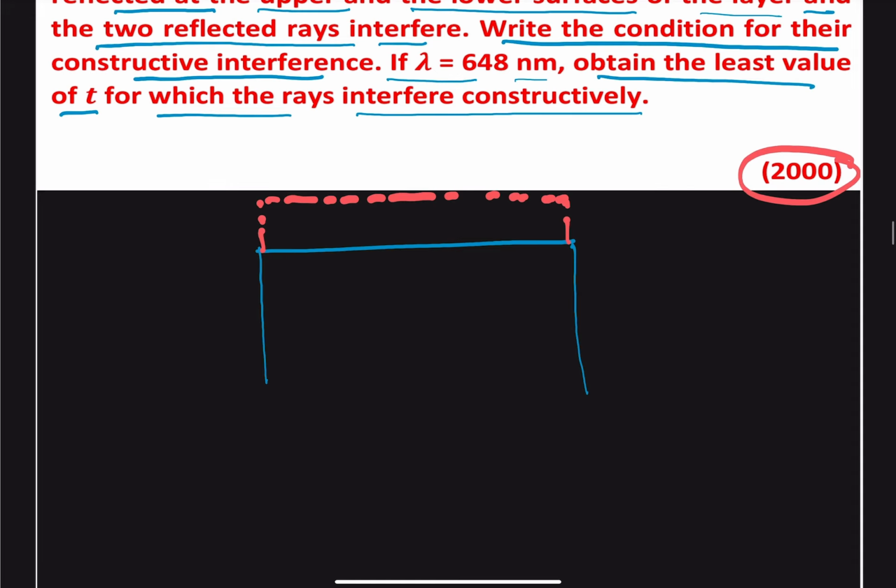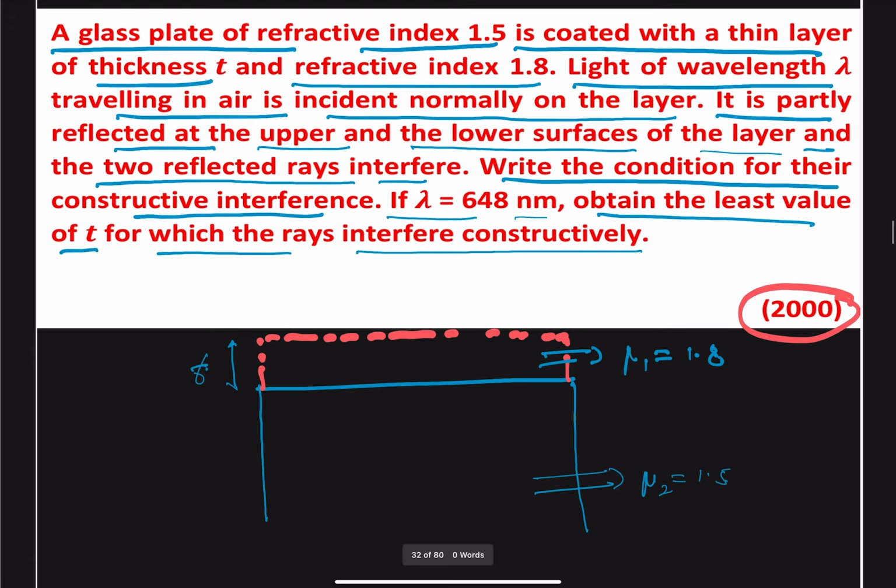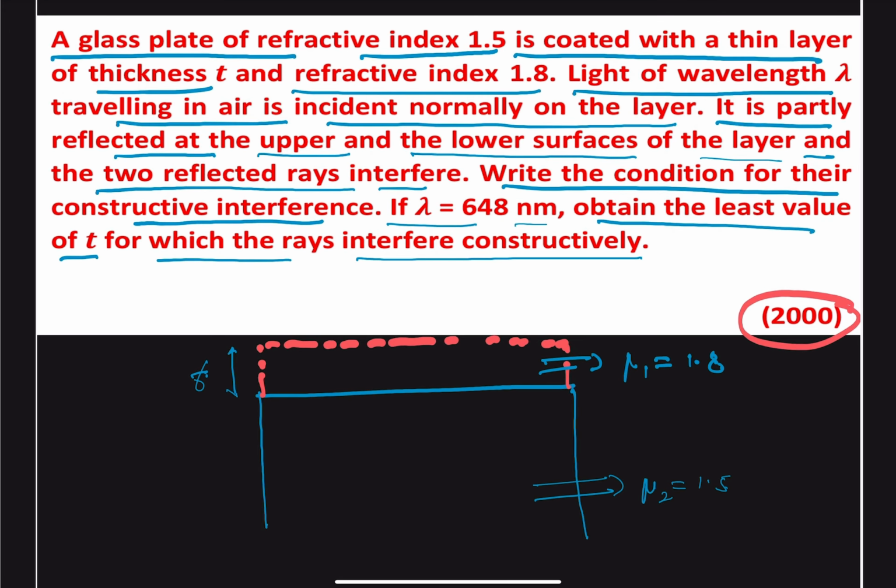Let us suppose the refractive index of the glass plate is mu2, which is given as 1.5, and for the thin layer the refractive index is mu1, given as 1.8, and the thickness of this coating is T. It is mentioned in the question that the light ray is incident normally on the layer. It is partially reflected at the upper and the lower surface of the layer.